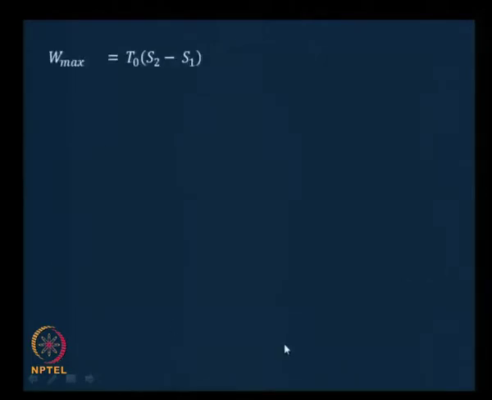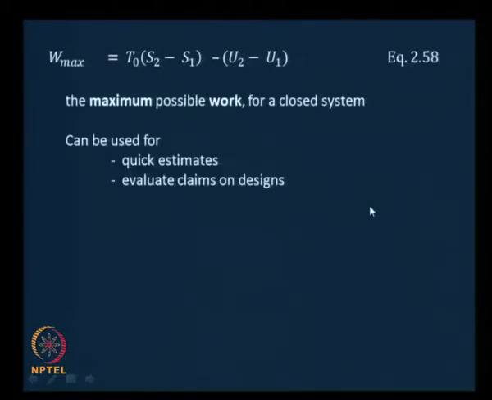Then we looked at maximum work and lost work. We saw that maximum work could be expressed as T0, the temperature of the surroundings, times (S2 minus S1) minus (U2 minus U1), and the maximum possible work for a closed system is this expression. It can be used for making some quick estimates and to do back of the envelope evaluations for claims on certain designs and so on.